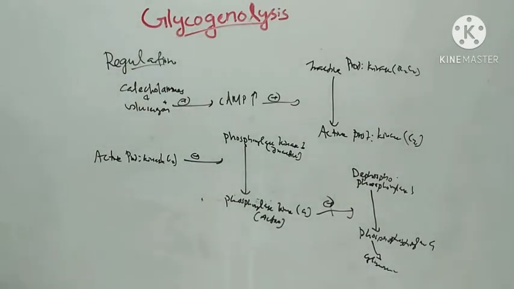So coming to the regulation of this glycogenolysis, we will see the activation of phosphorylase enzyme. Phosphorylase enzyme is the rate limiting enzyme in glycogenolysis.